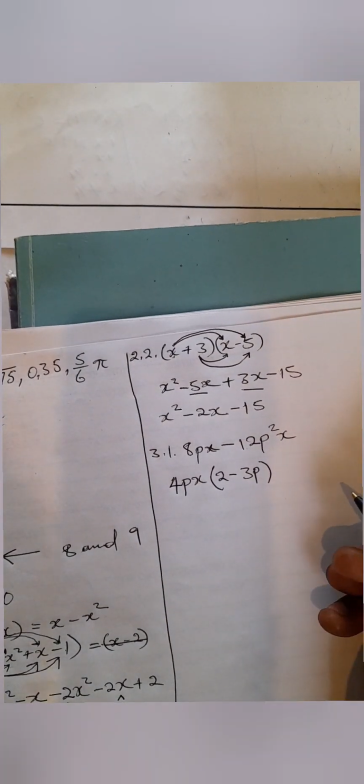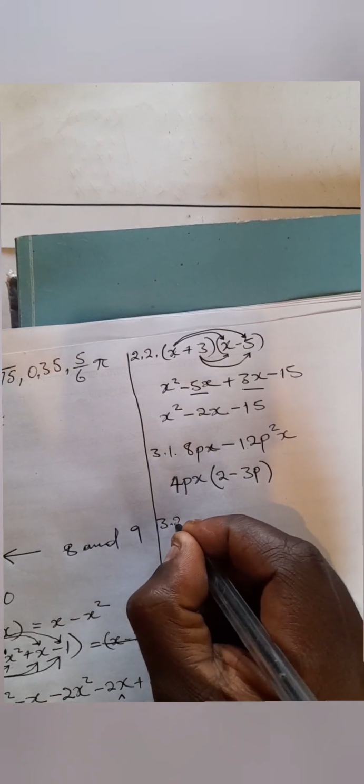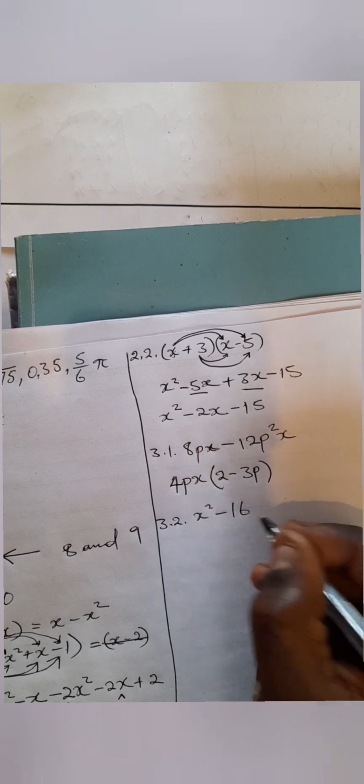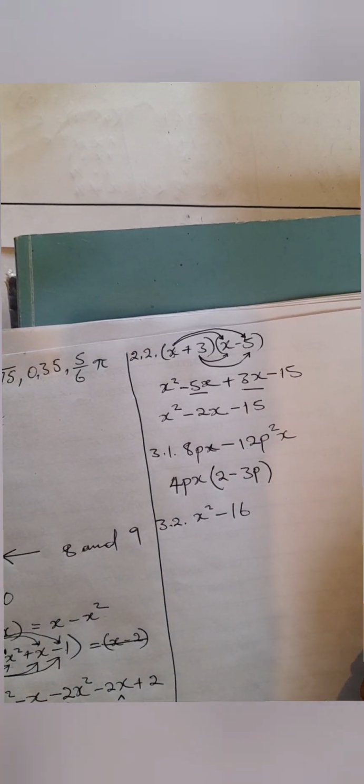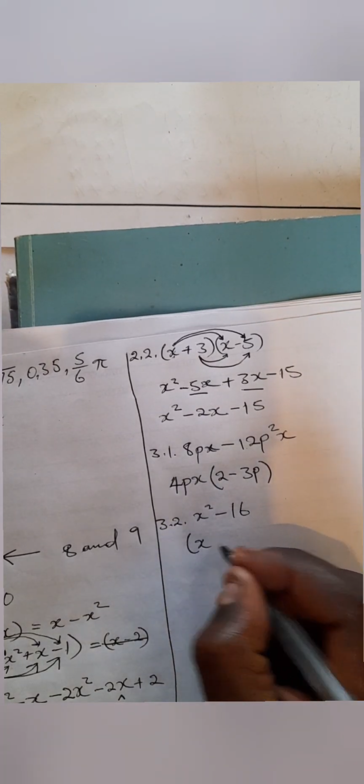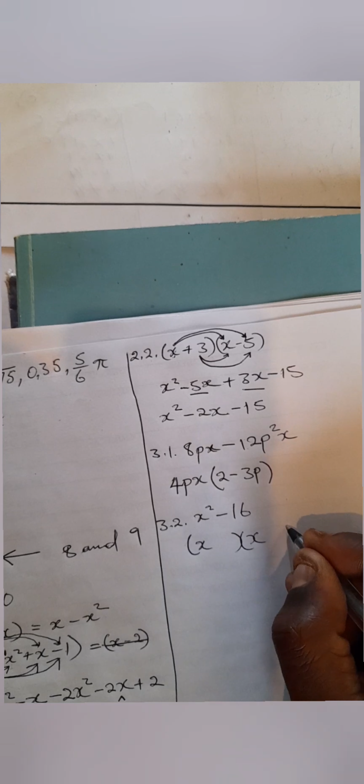Moving on. 3.2 says x squared minus 16. Factorize fully. You can rewrite this as, remember they are just looking for the factors.